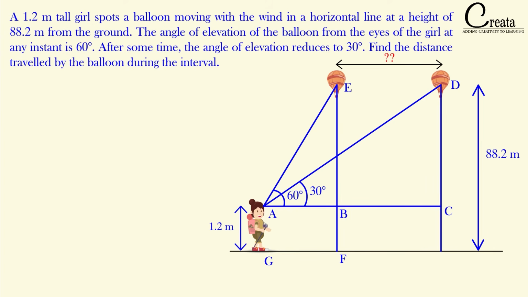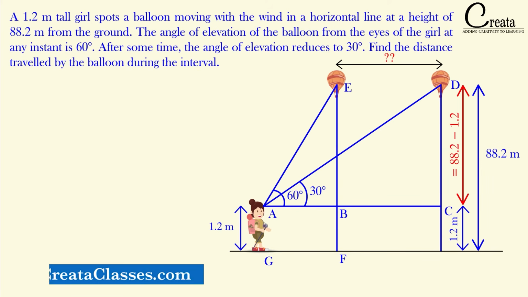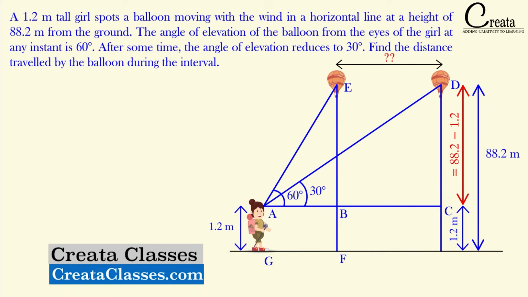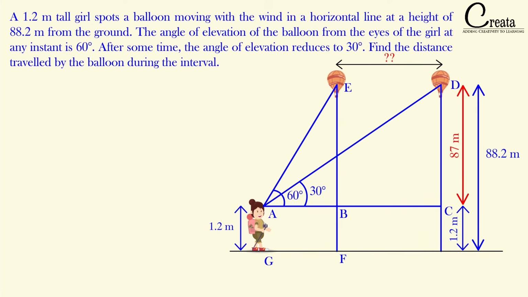Here the height of the girl is given as 1.2 meter and the balloons are flying at a distance of 88.2 meter. So can we say this distance is 88.2 meter minus 1.2 meter? It will be 87 meter. So these two distances BE and CD will be equal to 87 meters. That are also the side of these two triangles.